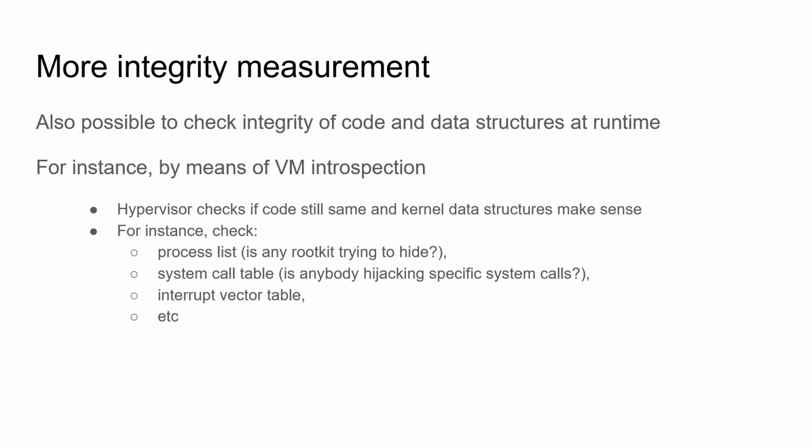So for instance, every time you get a call, so you actually have a VM exit where the operating system has to trap into the hypervisor, it can do a quick check to see if everything is still in order. Okay. Is the process list complete? Is there anything hidden in there? Is the system call table still the same? Is the interrupt vector table still the same?